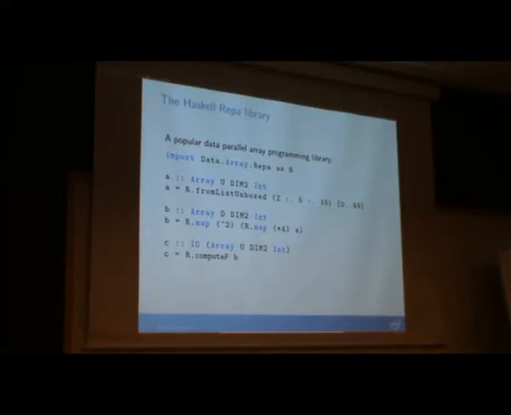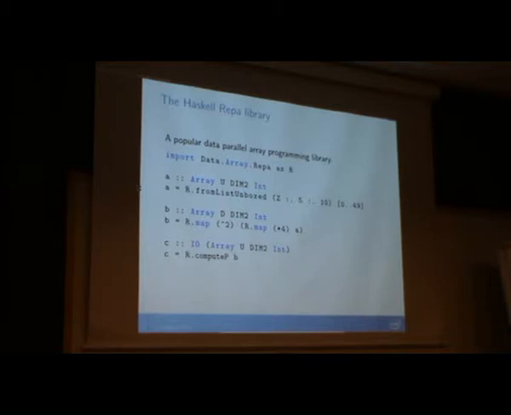I'll first give a small introduction to the Repa library if you're not familiar with it. Here we have a little program where we declare A as an unboxed array. If you look at the type, it is an array of U. U means unboxed.